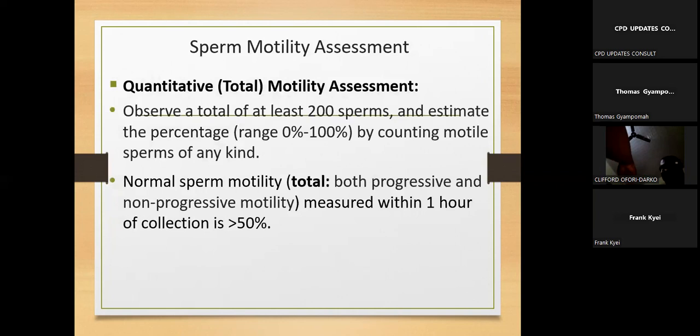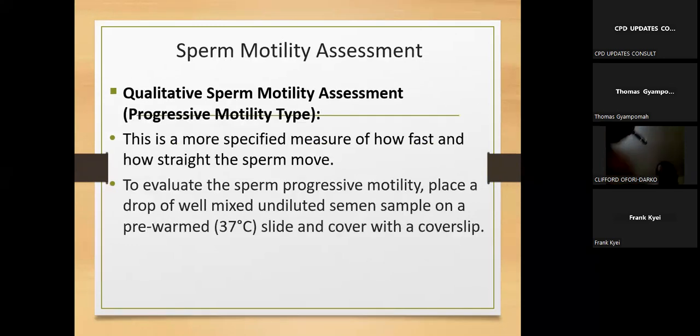So this is what I was trying to say on the quantitative motility. You have to observe at least 300 sperms, and you have covered them when you examine at least 10 fields. All right. And here you're talking about both progressive and non-progressive motility within 1 hour. I think this place I've talked about it already.